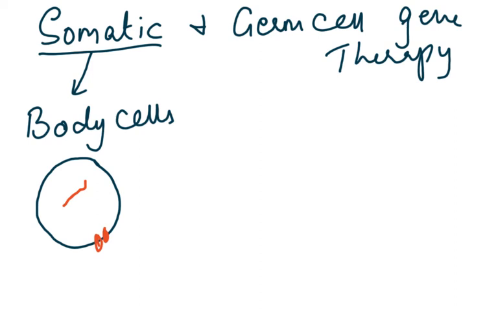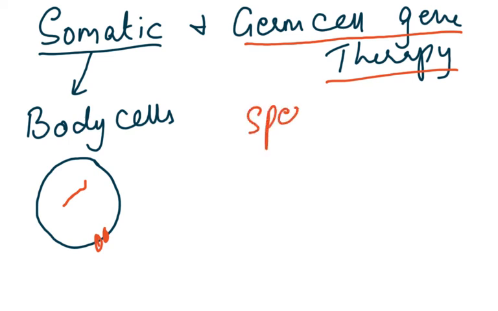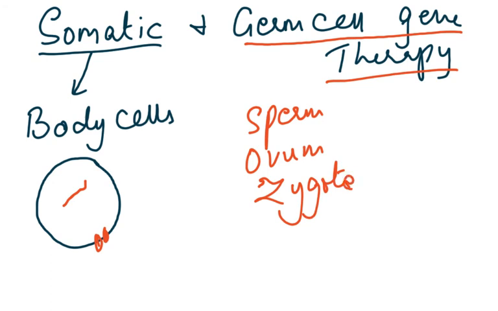But when we are talking of germ cell gene therapy, we are either going to alter the sperm, or the ovum, or the zygote. When we alter the sperm or the ovum, finally we're getting some allele that we have introduced into the zygote.